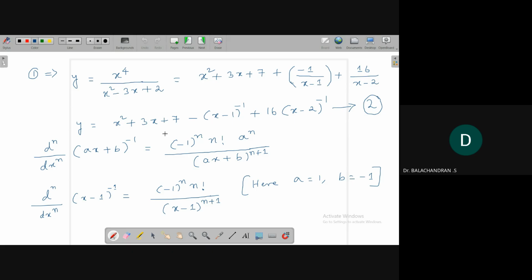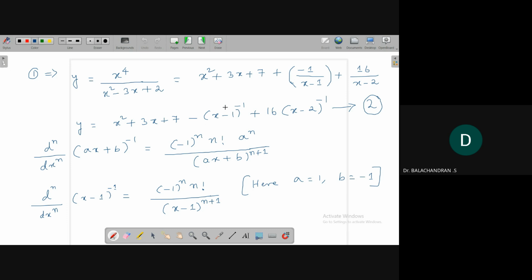Now I'm going to differentiate n times. So for this, we need a formula: nth derivative of (ax plus b) whole power minus 1 is minus 1 whole power n into n factorial into a power n by (ax plus b) whole power n plus 1. So here, a is 1 and b is minus 1.